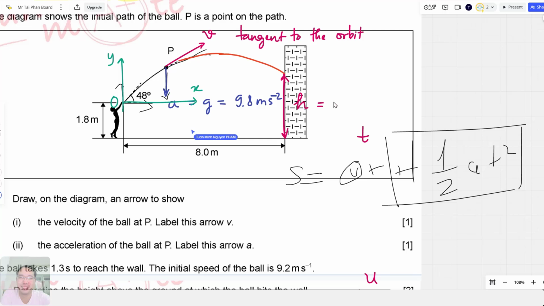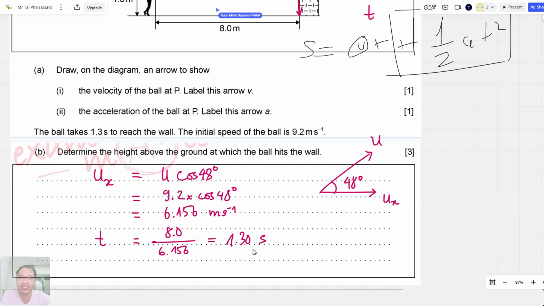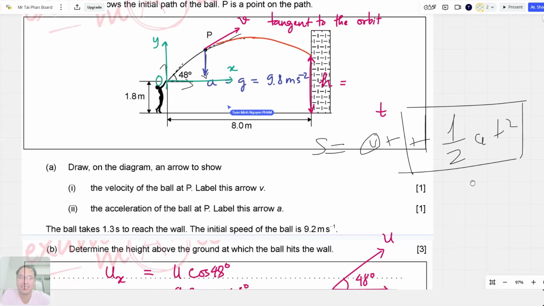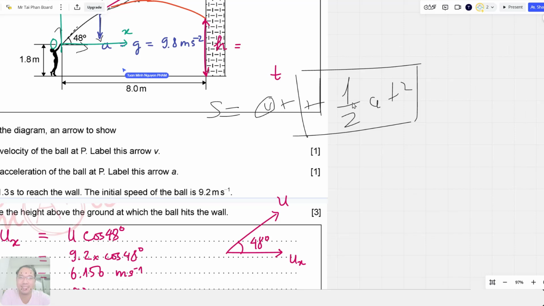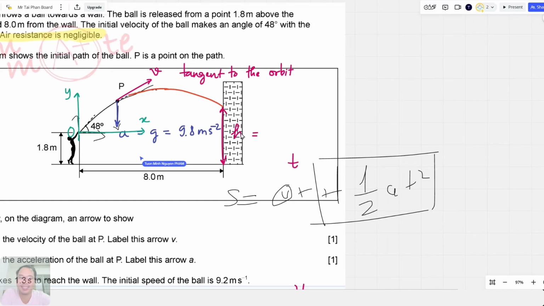But using that formula and the time that we've just calculated, 1.3 seconds, substituting the time into this formula, ut plus 1/2 at squared, we know its displacement compared to the origin O, which is the starting point.